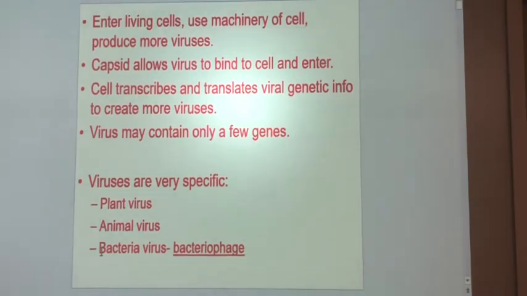I mentioned before that mutation is the engine for evolution and natural selection, and mutating viruses will result in viruses that become adapted to new cells, of which now they can become cellular parasites.